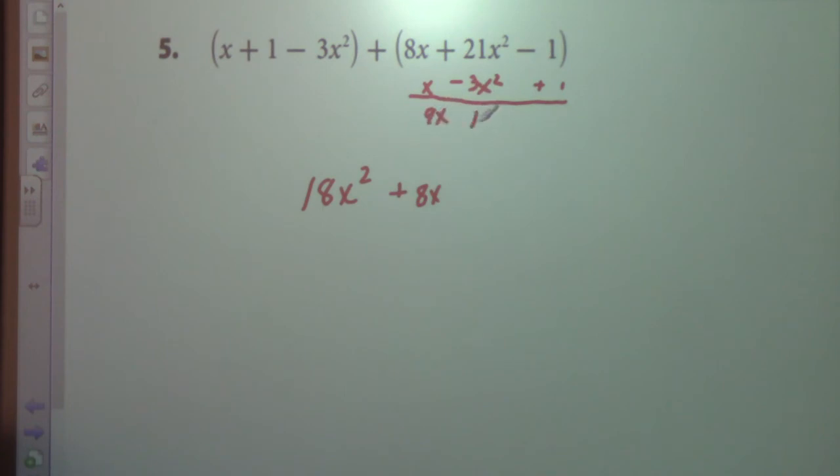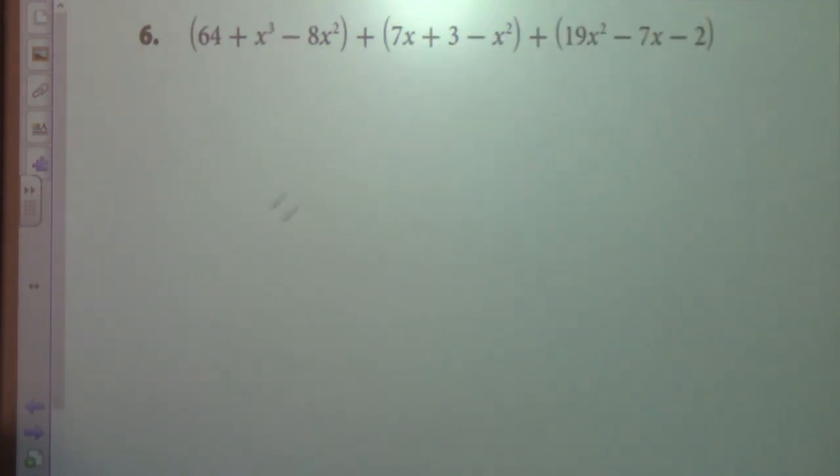Here's your 18x squared. And then you have 0 here. So that should be 9x, right? Yeah. Okay. All right. Not too bad, is it? Let's go to number 6. Number 6 and 7.